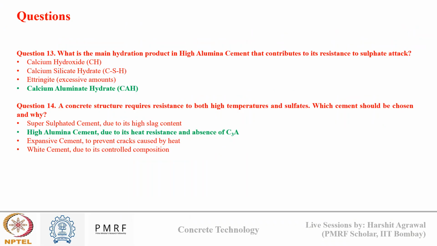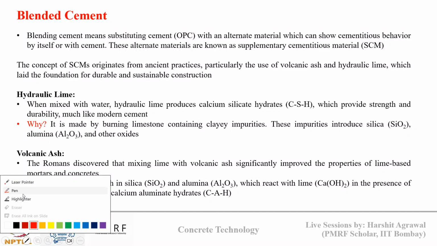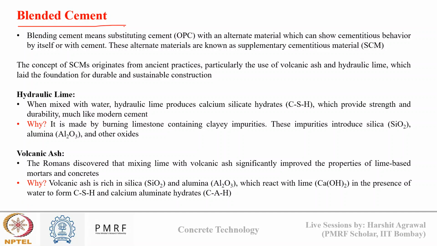Okay, now the last topic after ASTM classification and special purpose cement, we have blended cement. So we won't talk much about blended cement right now, because later on when we talk about mineral admixture, those mineral admixtures are again what we take in blended cement.